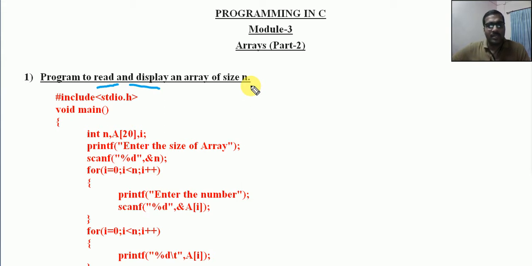So how can we enter all these values at the same time, and similarly how can we display those elements separately as an array? So let us see the basic syntax of using these arrays.